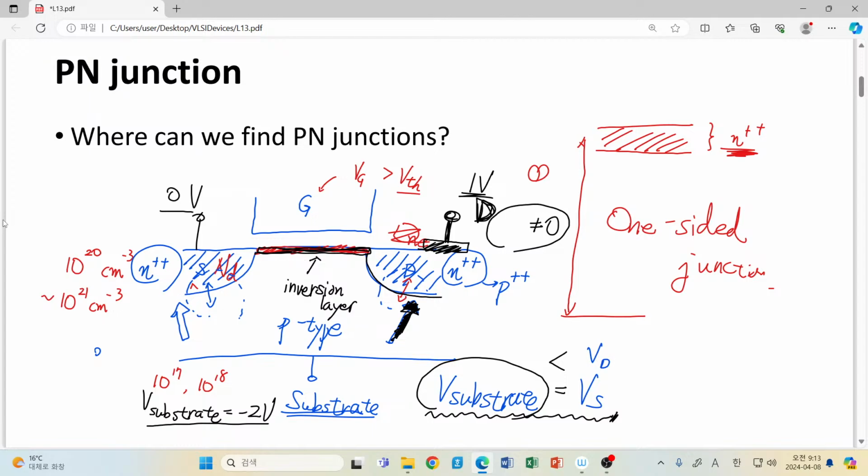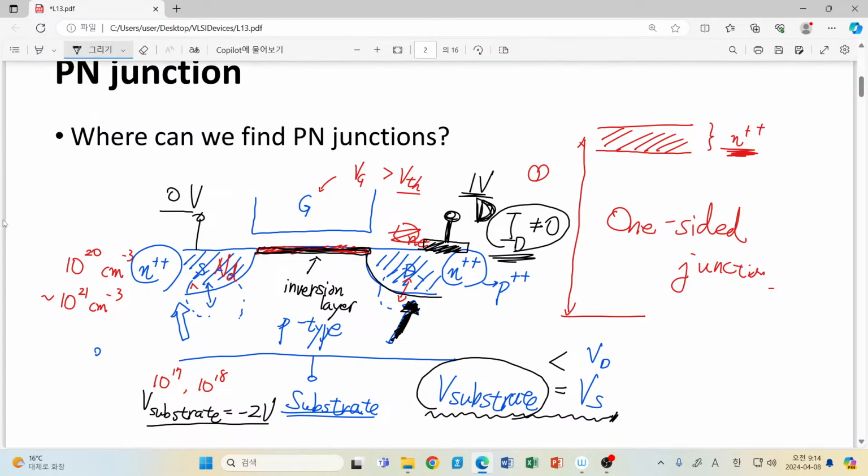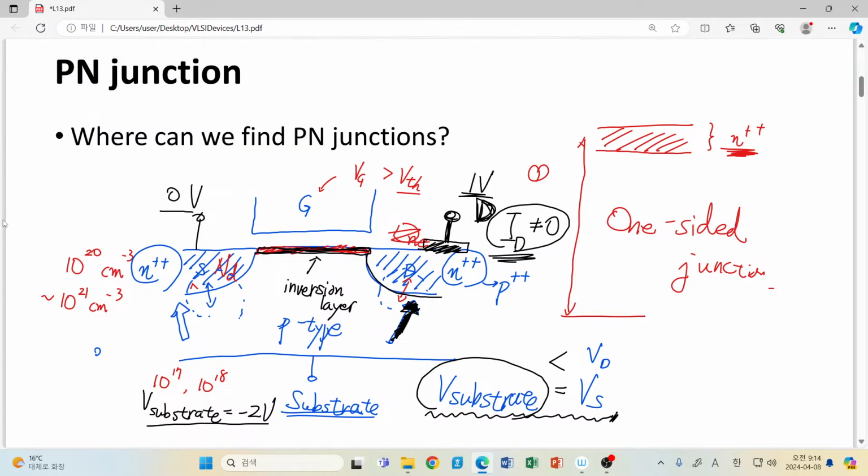So it is important to operate our p-n junctions in their reverse bias mode. Otherwise, if you apply forward bias, it will conduct, and that is directly related to this undesirable leakage current, which should be suppressed as much as possible.